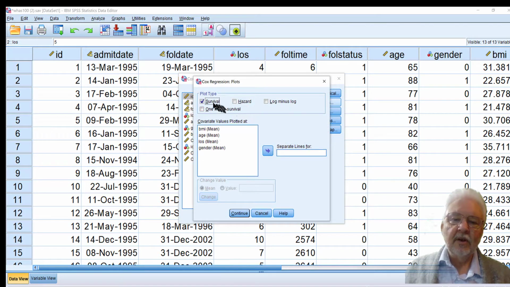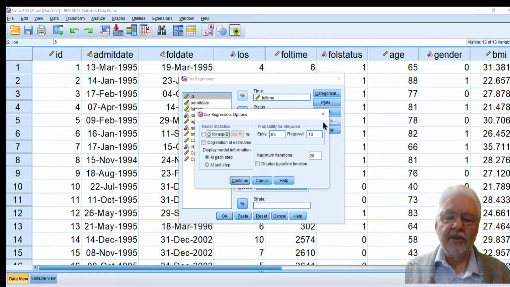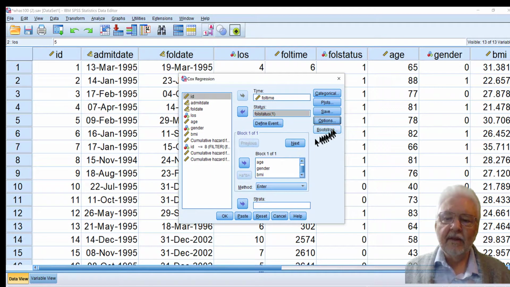For the plots, we want a survival plot. That starts out with everybody alive, and then the graph goes down as people die off. The hazard ratio, maybe we'll take a look at that. And options, we have confidence interval, nothing really to change here.